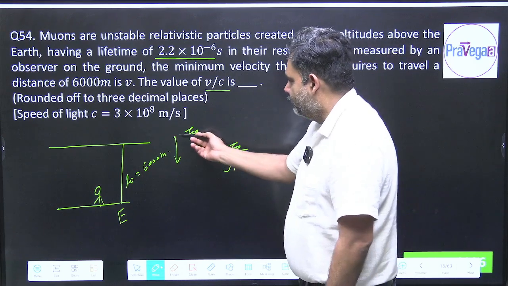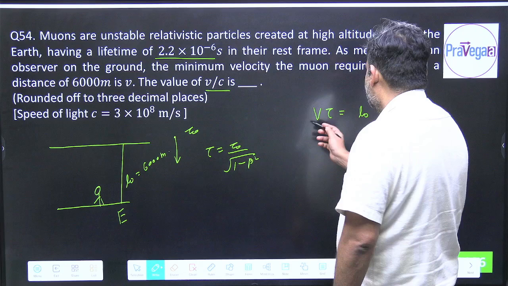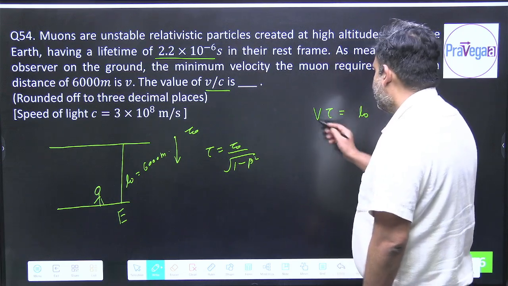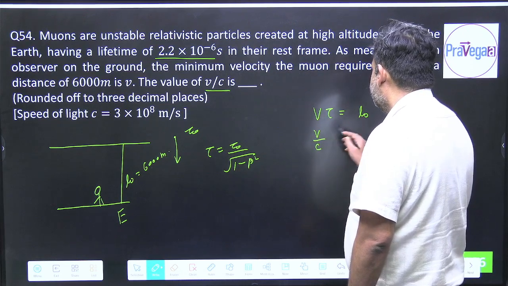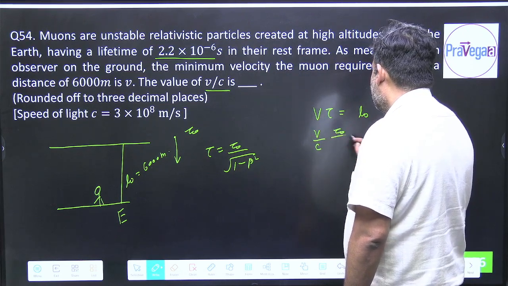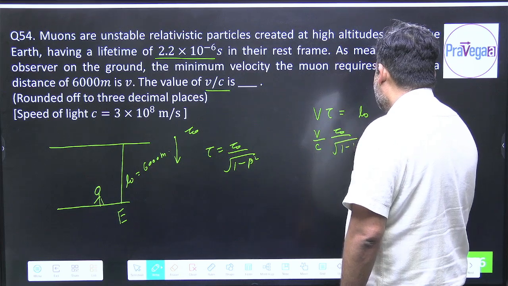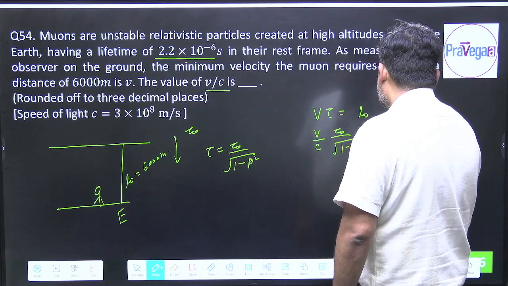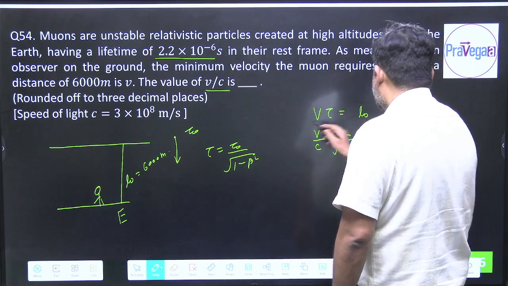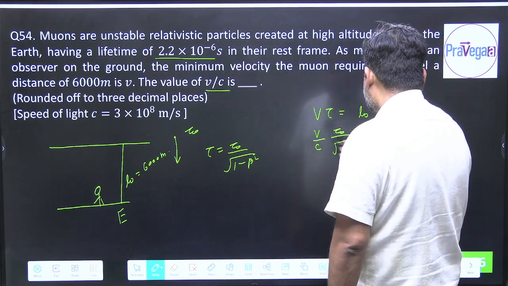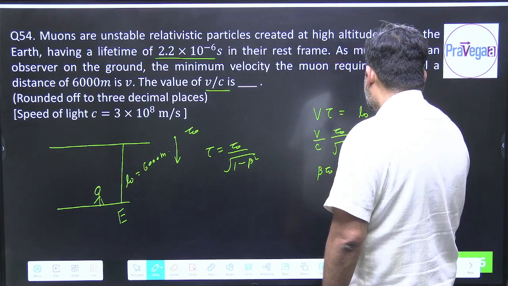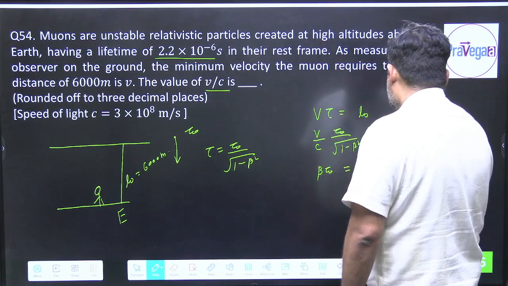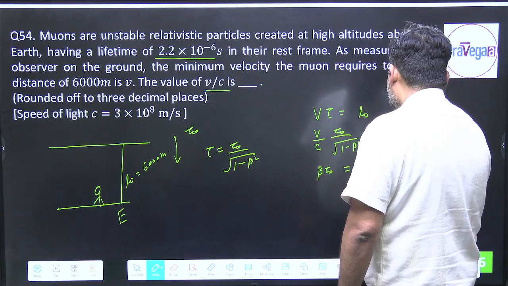If the particle has a speed v, then you have this particular distance formula, and we have to calculate v upon c. So, dividing by c on both sides, we have beta into tau must be equal to L naught by c.